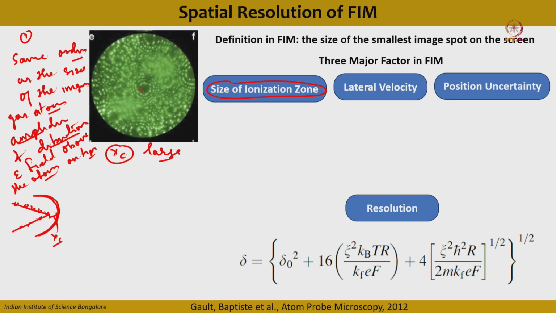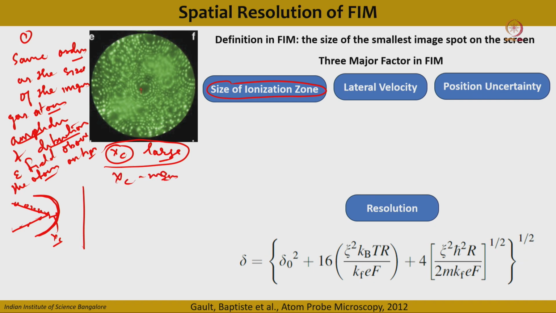It means it will not reflect the structure of the atoms on the surface of the tip on the phosphor screen. So xc should not be that large; with a low electric field you cannot image the exact structure of the tip.